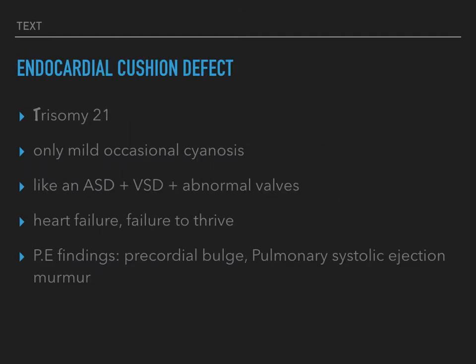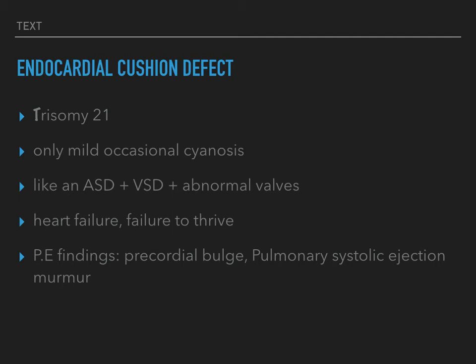And last but not least, the endocardial cushion defect, commonly caused by and classically seen in trisomy 21 or Down syndrome. It only has a mild, occasional, intermittent cyanosis. You can think of it as an ASD plus a VSD plus abnormal valves.